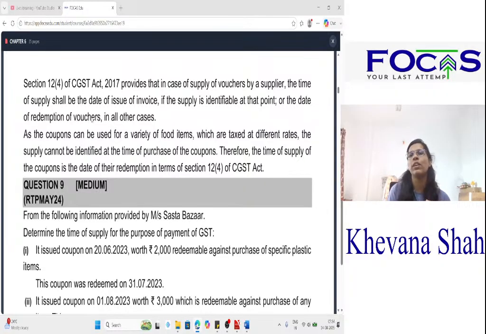So, in this particular case, we do not know the supply at the point when the vouchers are issued, as the coupons can be used for a variety of food items which are taxed at different rates. The supply cannot be identified at the time of purchase of the coupons. Therefore, the time of supply of the coupons is the date of their redemption in terms of section 12(4) of the CGST Act.